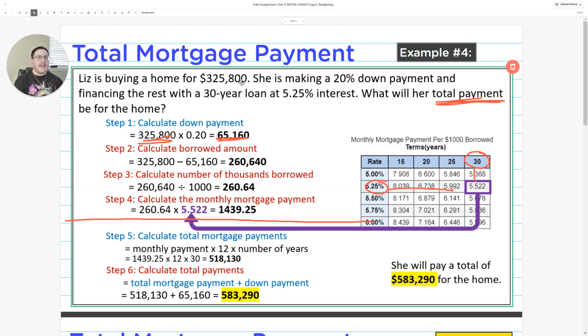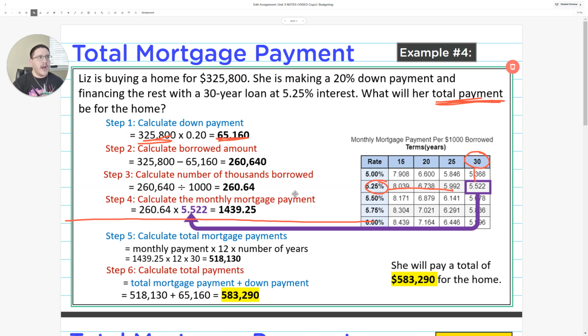When you finance this through a bank, through a mortgage, with the down payment, with the amount of interest earned over 30 years, you end up having to pay a total of $583,290. So nearly $250,000 more than what the original price of the home was.